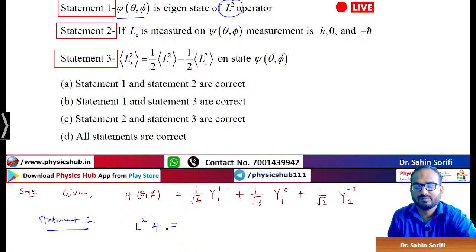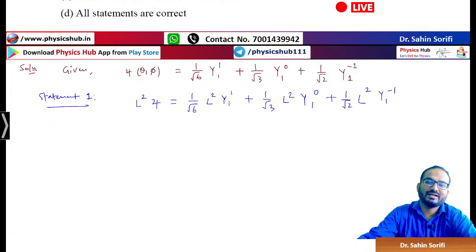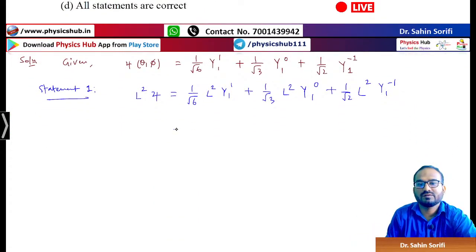So L square will operate on psi: 1 by root 6 L square operating on Y11 plus 1 by root 3 L square operating on Y10, plus 1 by root 2 L square operating on Y1 minus 1. You know the eigenvalue of L square operator is L into L plus 1 h cut square. So 1 into 1 plus 1 h cut square, so it is 2 h cut square, right?